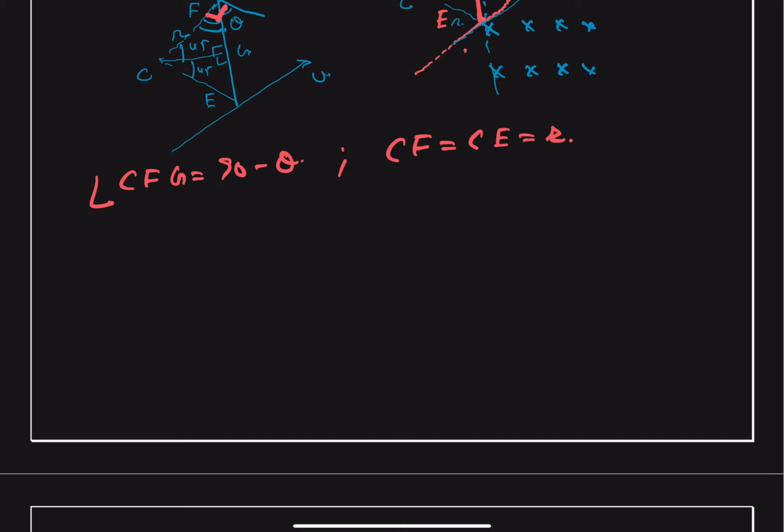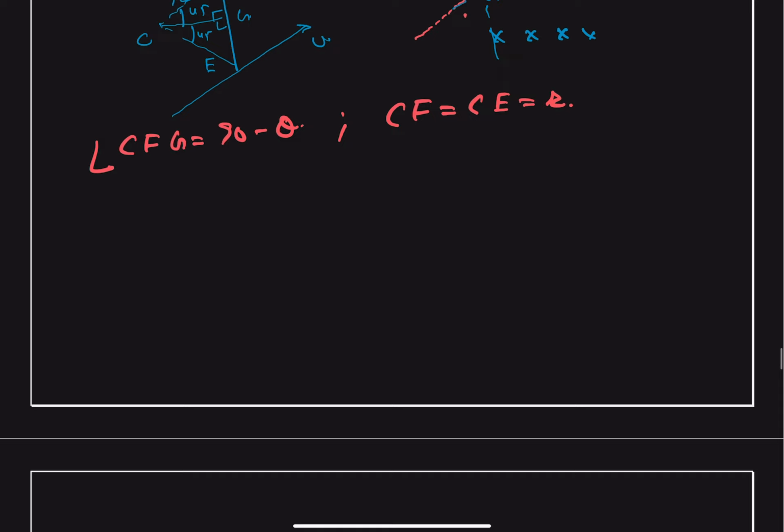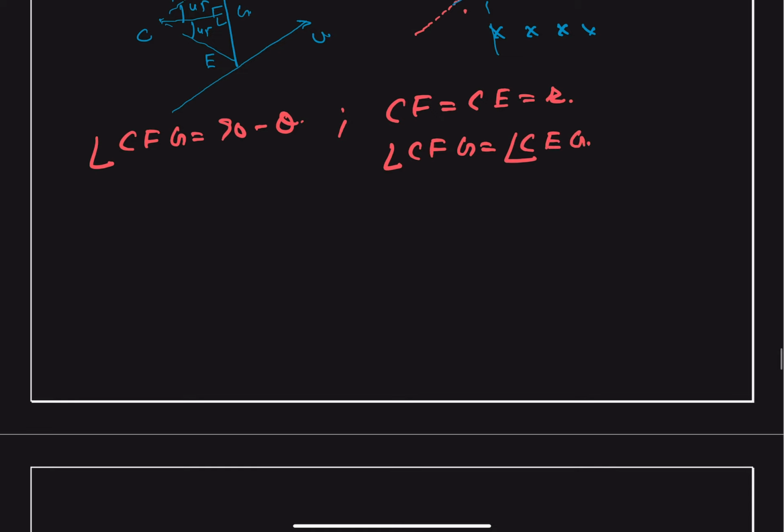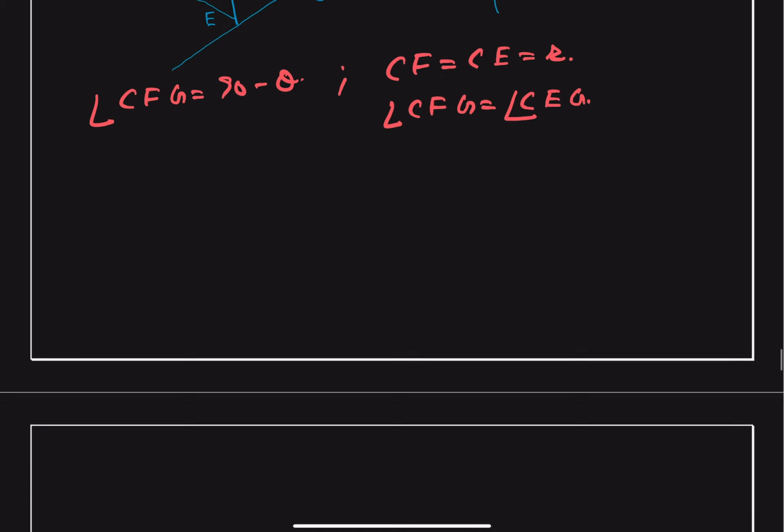Therefore angle CFG will be equal to angle CEG. Both will be equal, and we can write angle CFG will be equal to 90 minus 45.